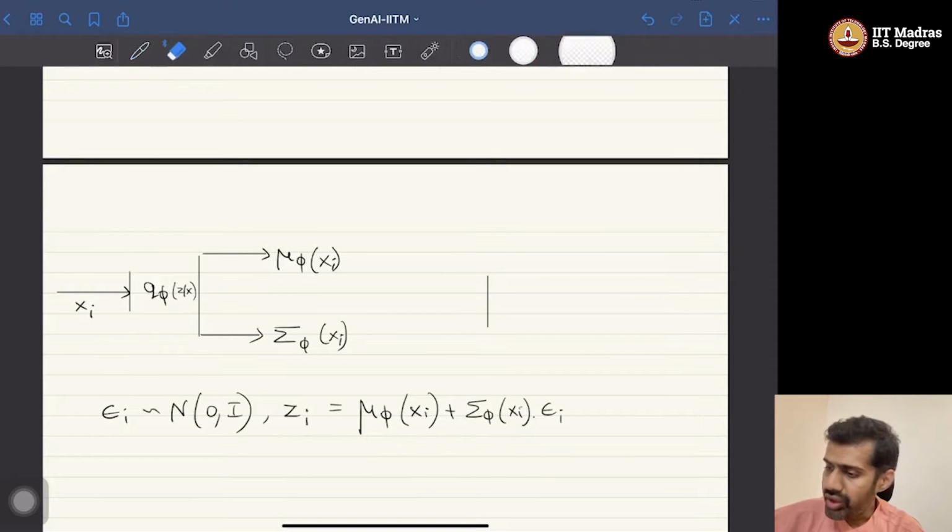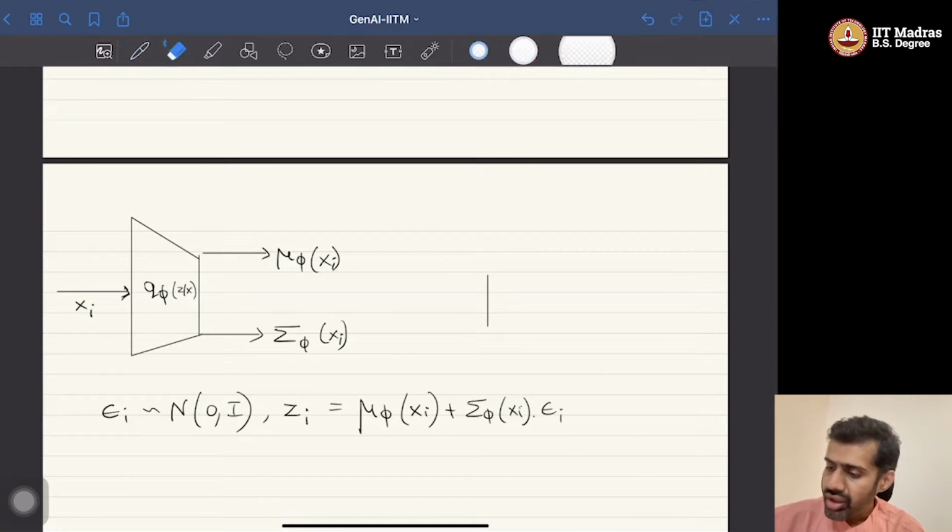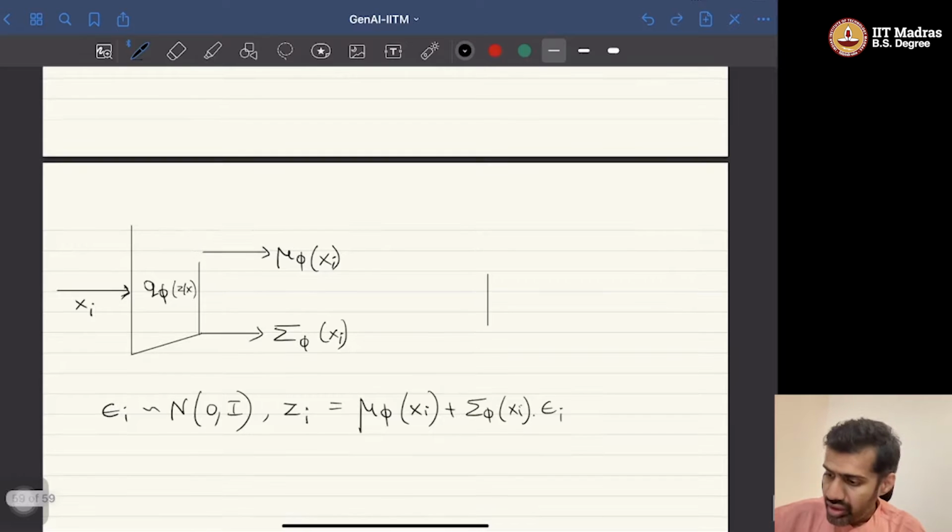I hope that you are following what's happening. So here the dimensionality of the input data x is in R^d, and the latent variable is in R^k, and in a typical setting, the dimensionality of the latent space is much lesser compared to that of the data space.